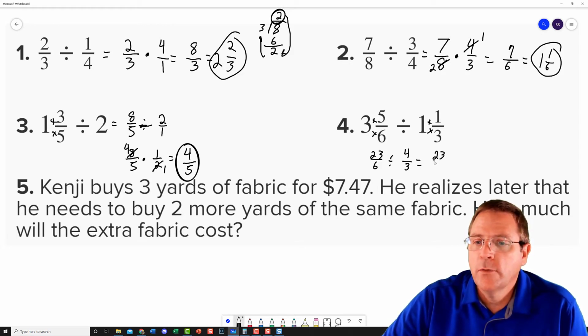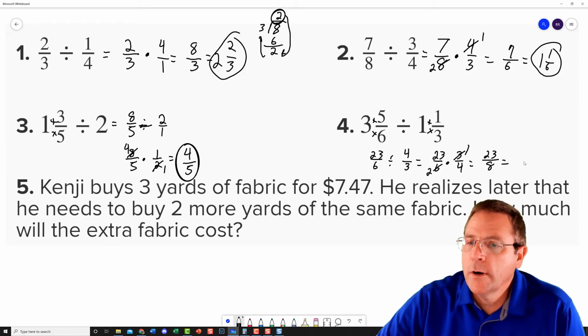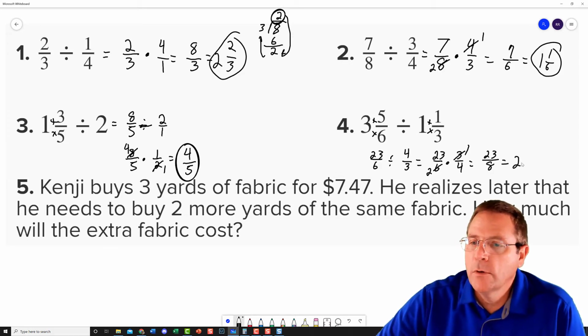Going to give me 23 over 6 times 3 over 4. We're going to simplify. 3 goes into 3 once. 3 goes into 6 2 times. And we're going to multiply. 23 times 1 is 23. 2 times 4 is going to be 8. And when you do your round robin on it, that one will come back to the mixed number of 2 and 7/8.